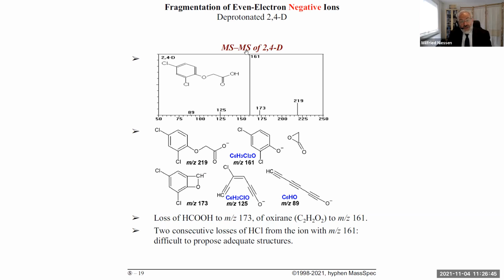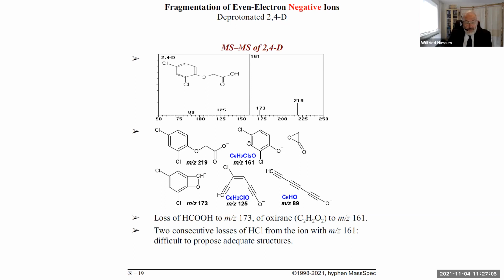This 161 actually gives two subsequent losses of HCl. And we have C6H3ClO, from which we have two HCl losses.